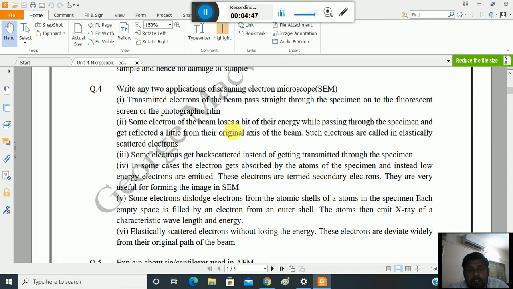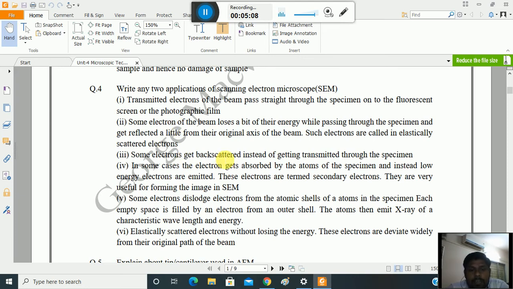Some electrons of the beam lose a bit of their energy while passing through the specimen and get deflected a little from the original axis of the beam. Such electrons are called elastically scattered electrons. Those electrons give specific information when they enter a detector or strike the photographic film.